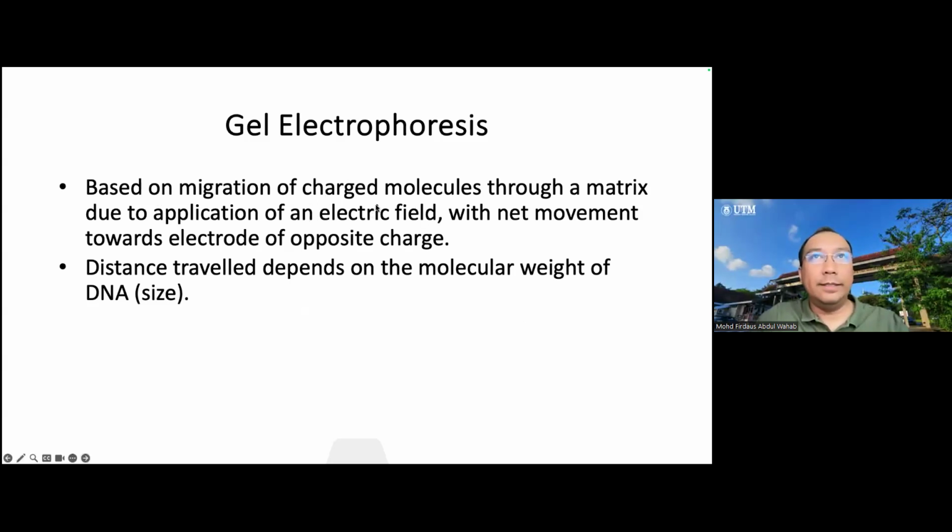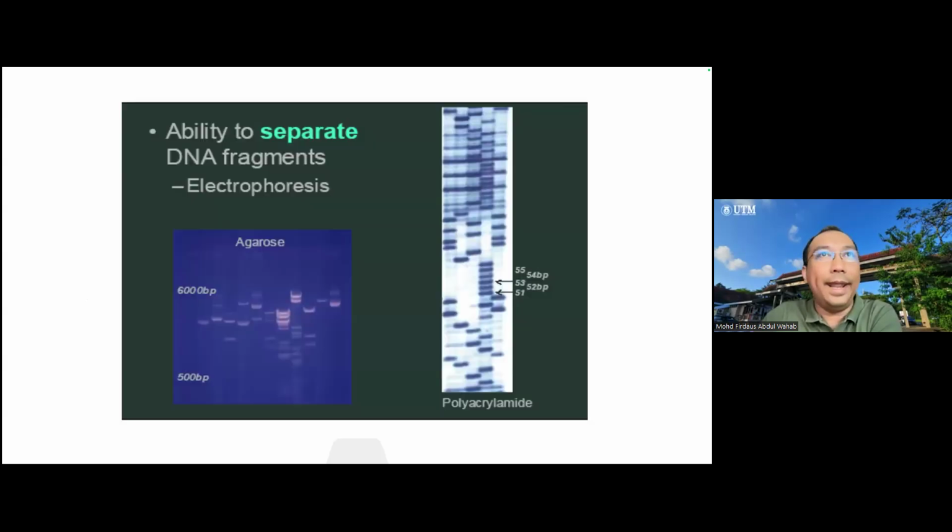So the movement is based on electricity and ions. And the distance traveled in the matrix depends on the molecular weight of the DNA. So we can use either agarose or polyacrylamide to observe the DNA fragments in the mixture. So the big ones will be on the top, the small ones will be at the bottom.